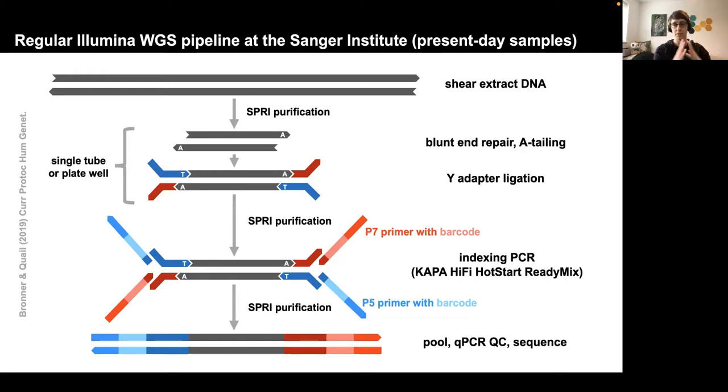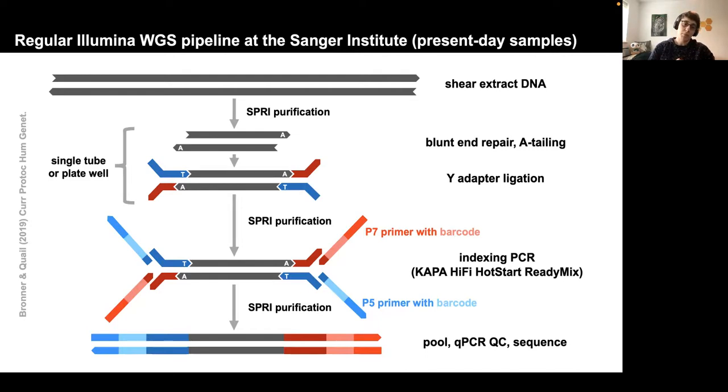They're usually about 7 base pairs, but the extra 1 base pair on both sides gives you that additional level of security that you will not get primer skipped sequences in your final library files. These libraries are then pooled, quality controlled, and sequenced on your Illumina sequencer of choice.